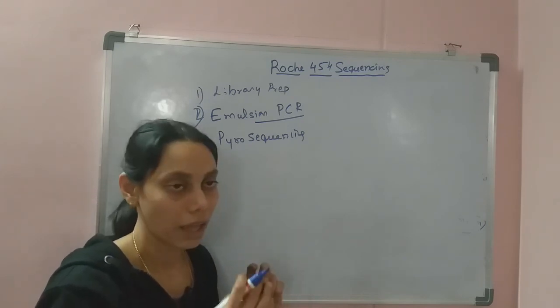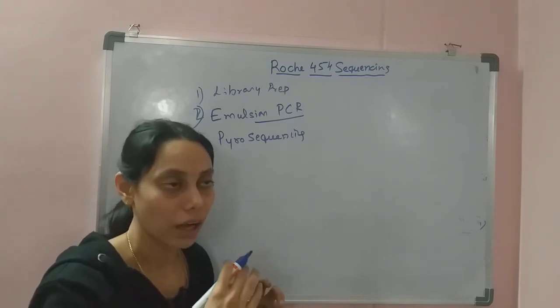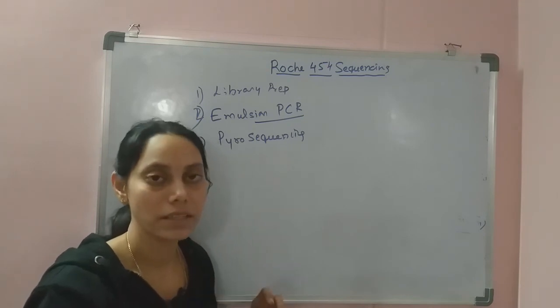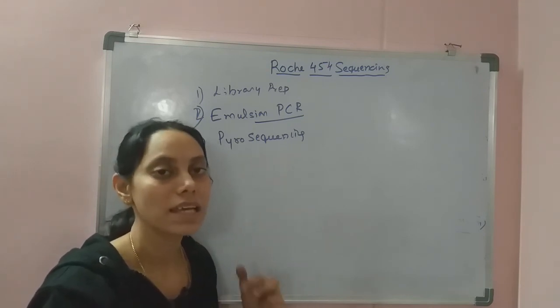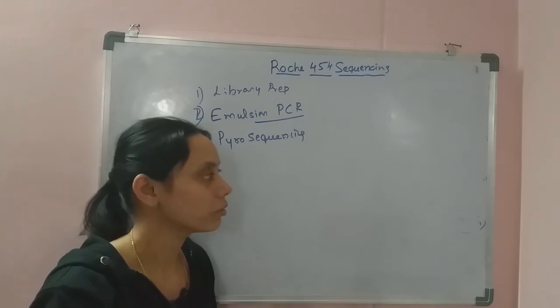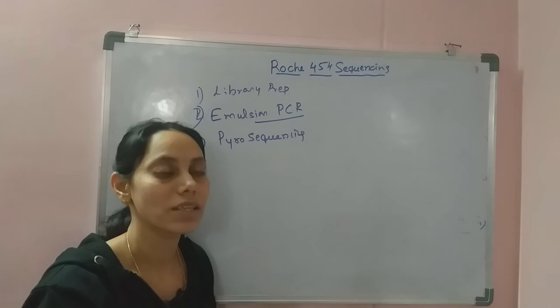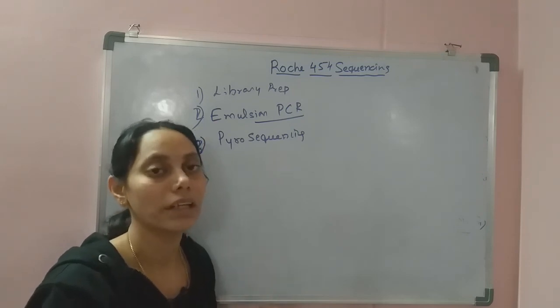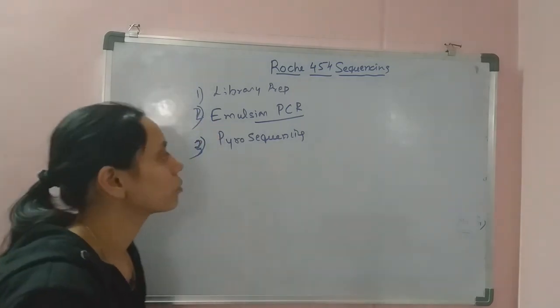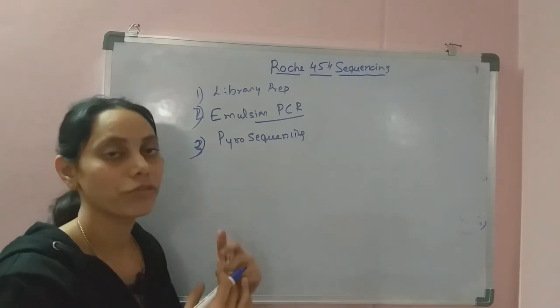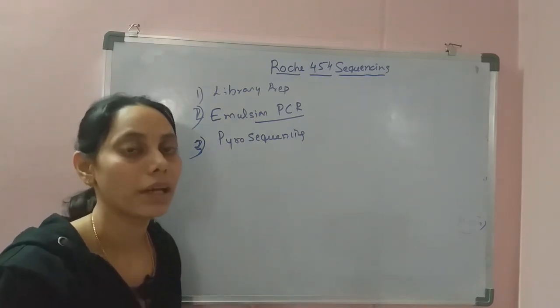Like that, till the end of the DNA synthesis, we are going to obtain the sequence. Which wells are producing signal and which wells are not will be detected by the detector system. So that is how Roche 454 DNA sequencing is carried out.